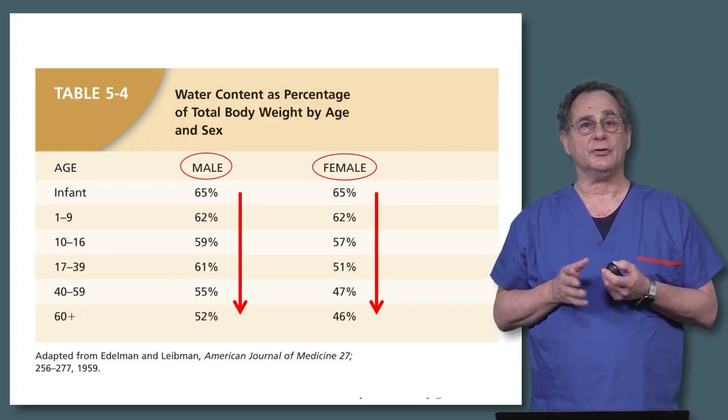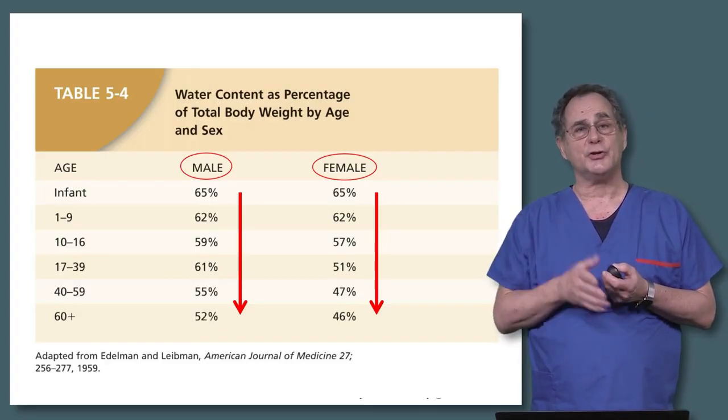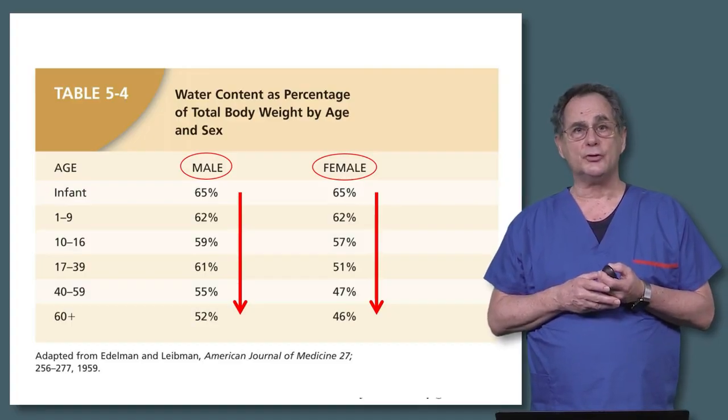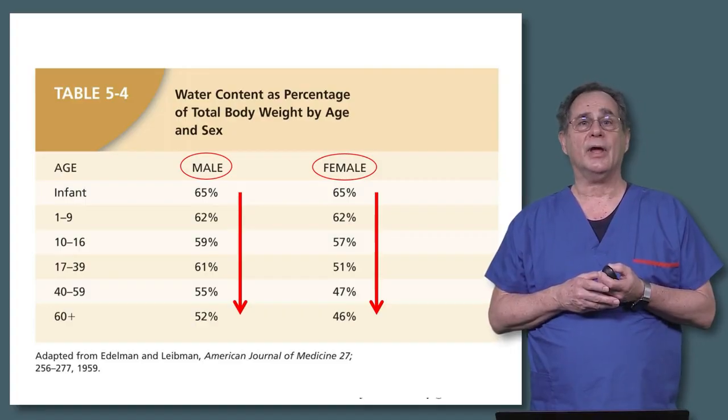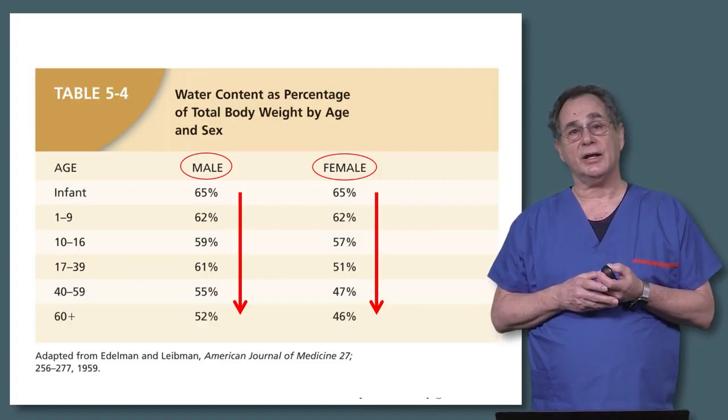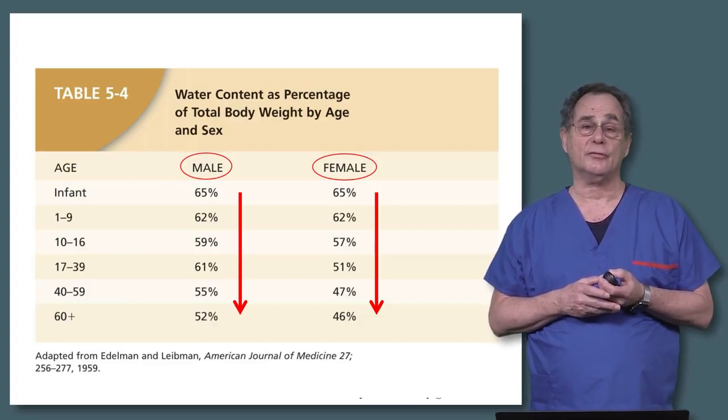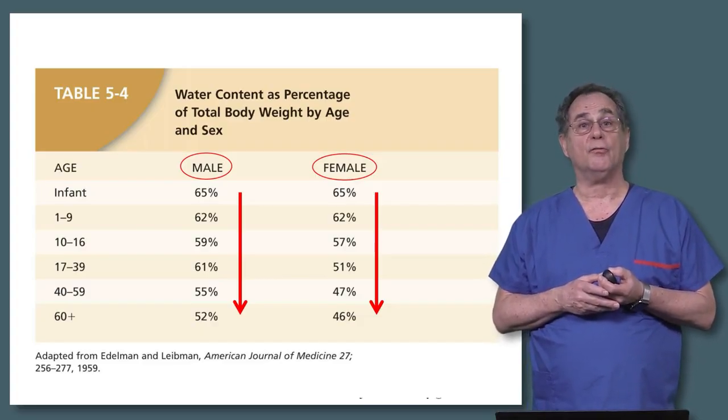And you can see that if we start, for example, age is in the first column, males are shown in the second column, and females in the third column. And that at birth, infants are about 65% water.